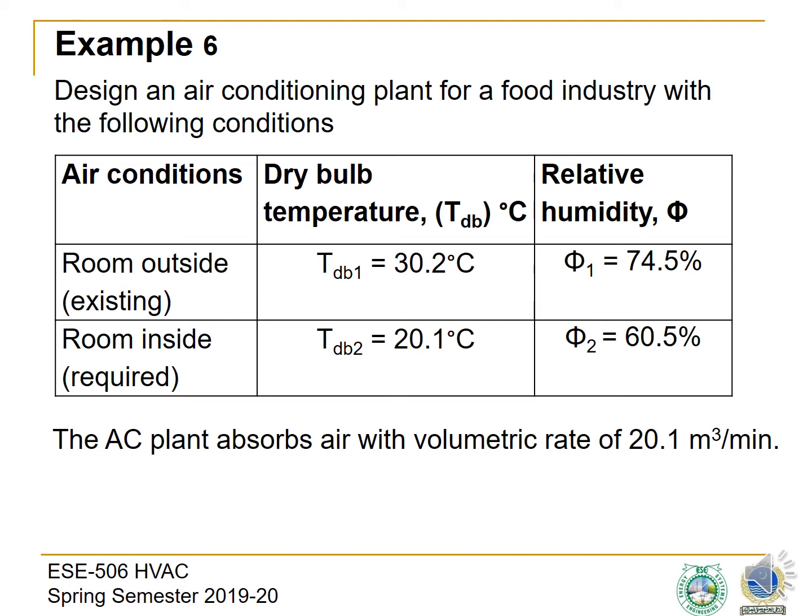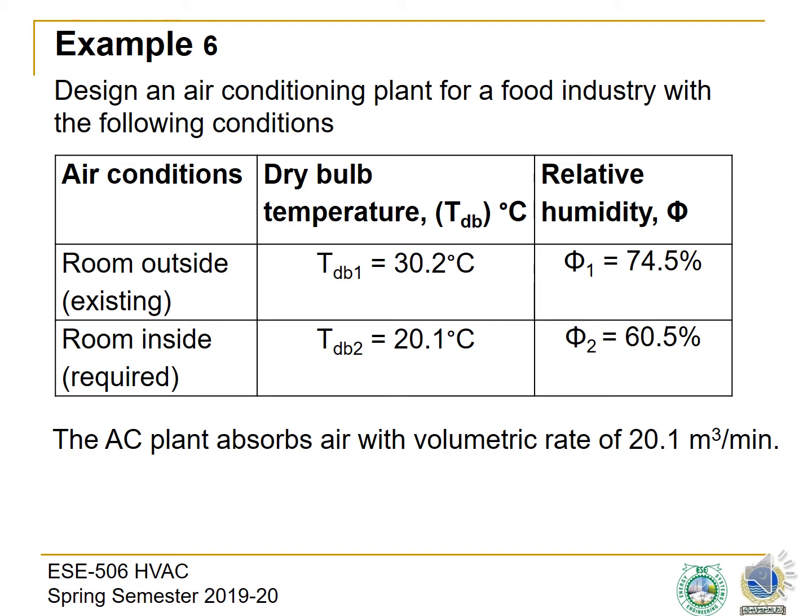The AC plant absorbs air with volumetric rate of 20.1 cubic meter per minute. Design means find the capacity of the cooling coil or heating coil and the capacity of humidification or dehumidification.